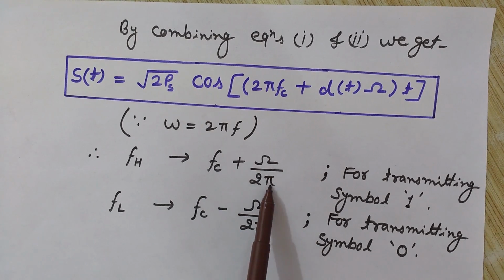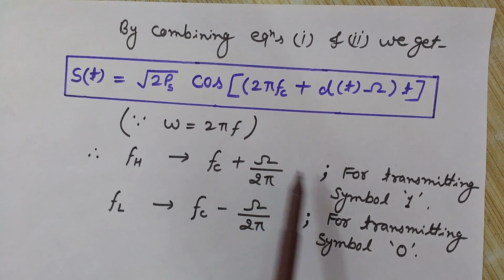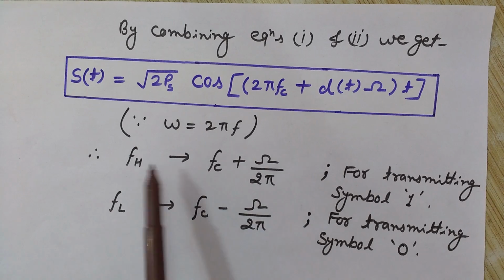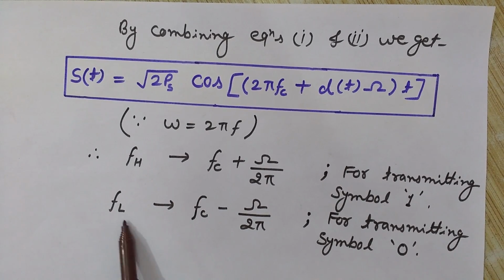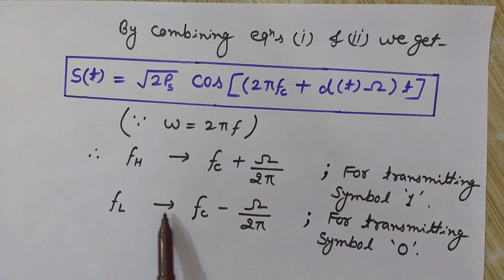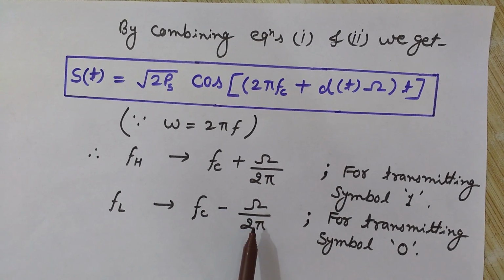So fc plus omega by 2 pi is the frequency component for transmitting symbol 1, the high frequency component fh. And this is the low frequency component represented by fl. It is fc minus omega by 2 pi. Omega by 2 pi represents the frequency, so it is carrier frequency minus this frequency. This is for transmitting symbol 0. So we have two frequency components in BFSK, high and low.